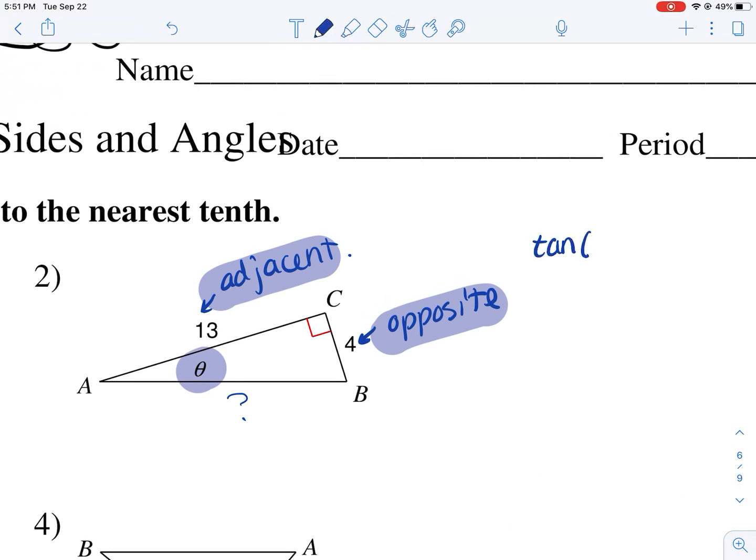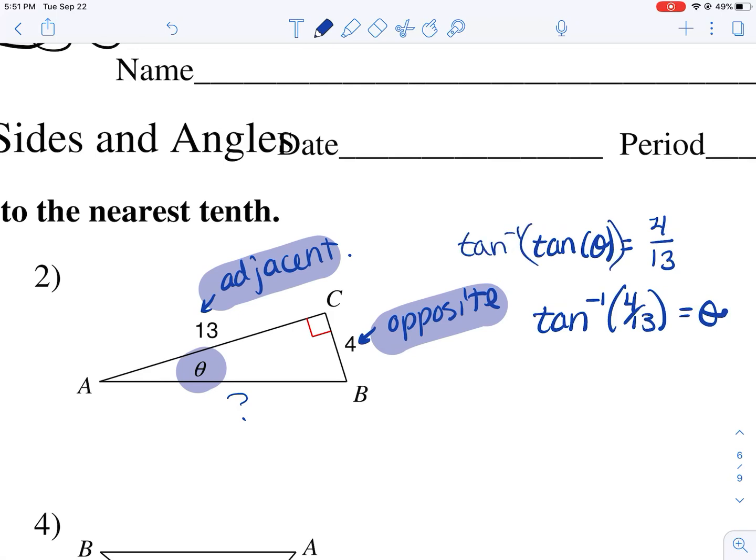So the tangent of, and this little angle symbol here is called theta, is equal to the opposite side, which is 4, divided by the adjacent side, which is 13, okay? To find the inverse, I'm going to do tangent inverse of 4/13, and that should give me the angle value. We're taking the inverse function, which cancels out this regular tangent.